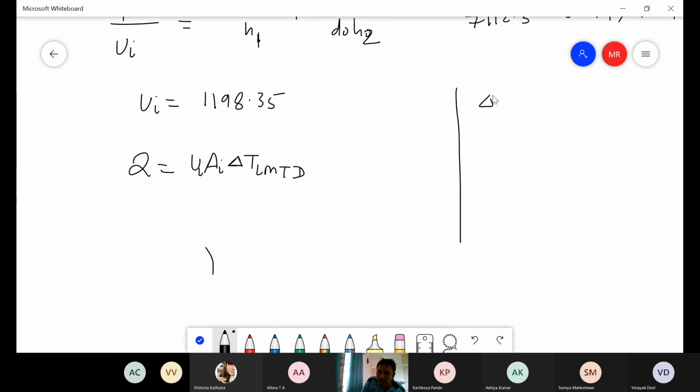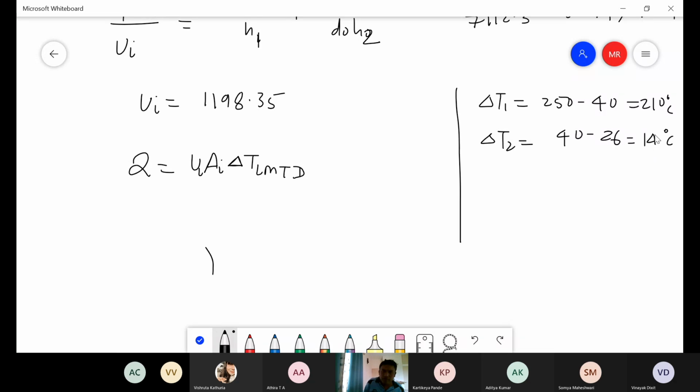So delta T1 in this case is going to be 250 minus 40. And delta T2 is going to be 40 minus 26, isn't it? So this comes around 210 degrees Celsius and this comes around 14 degrees Celsius.